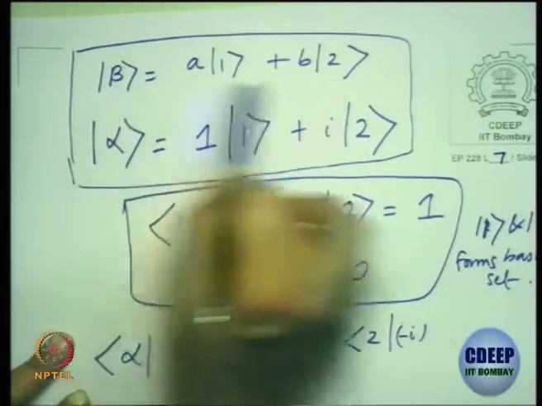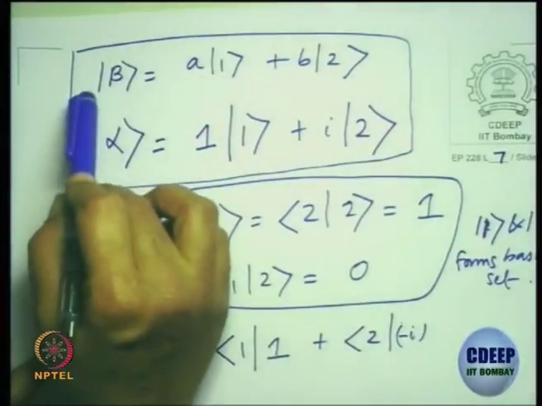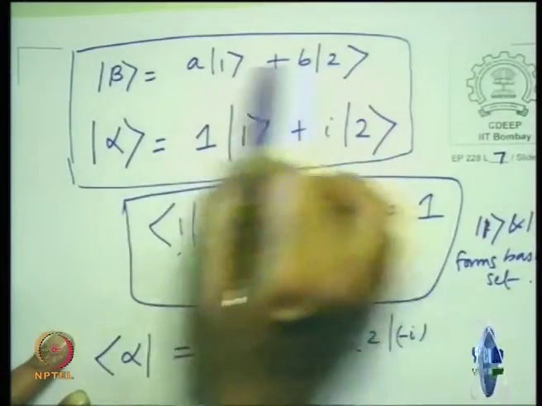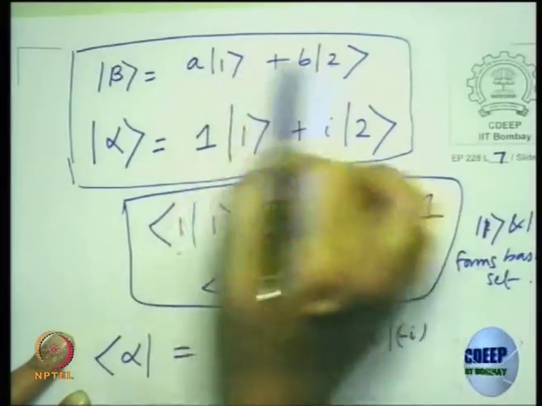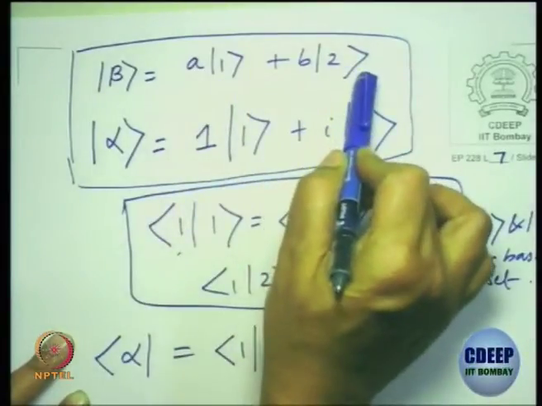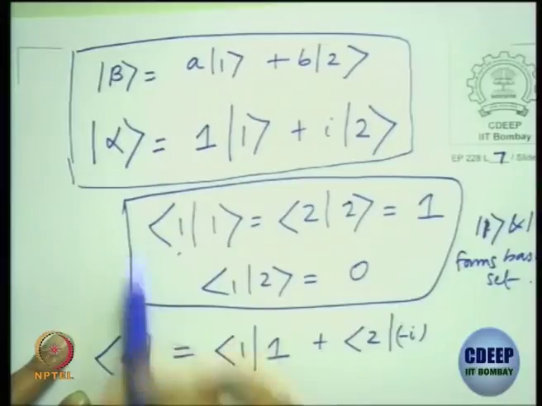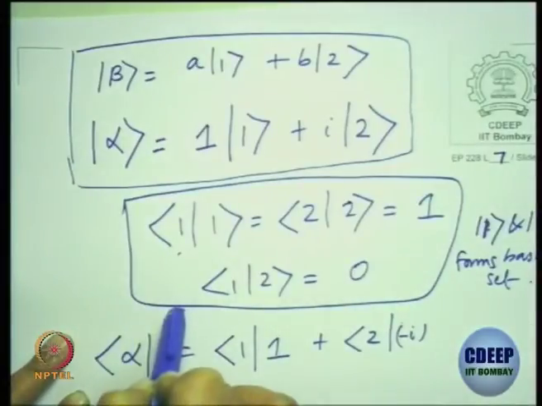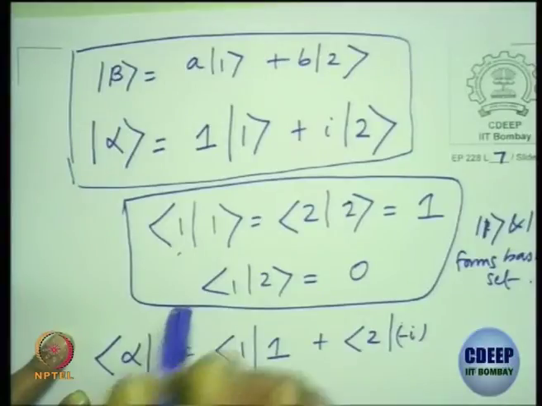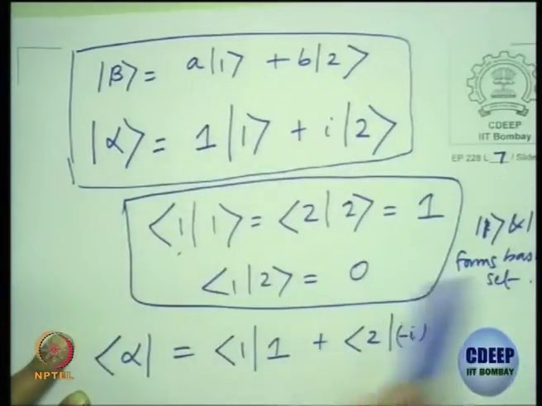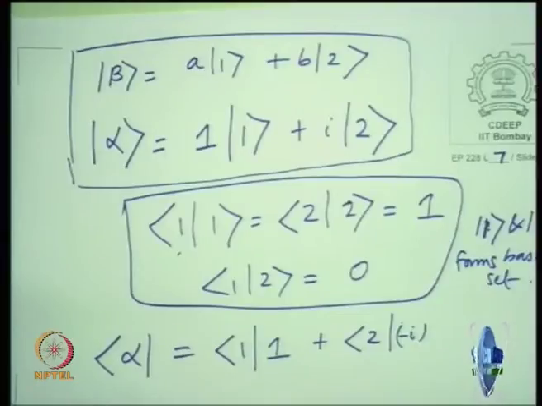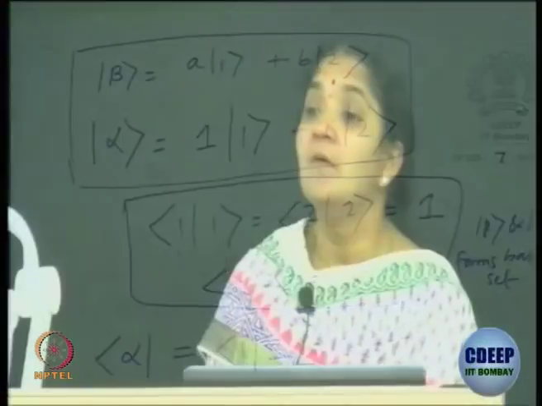And since it spans, any arbitrary state can be spanned by using these two states, and it is satisfying this property, linear independence and spanning the space. So this |1> and |2> form the basis set. So what is the dimensionality of the vector space? 2.